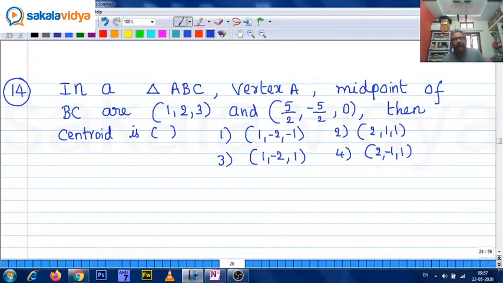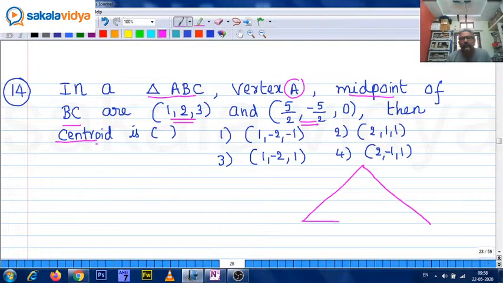Right, 14th question. See, in a triangle ABC, vertex A and the midpoint of BC are given. This is vertex A, this is the midpoint of BC. Now we need to find the centroid. This is triangle ABC, D is the midpoint of BC, you join AD.